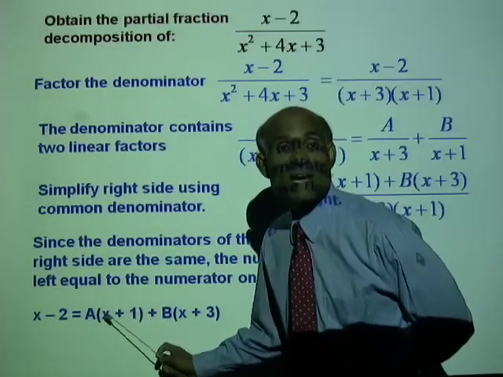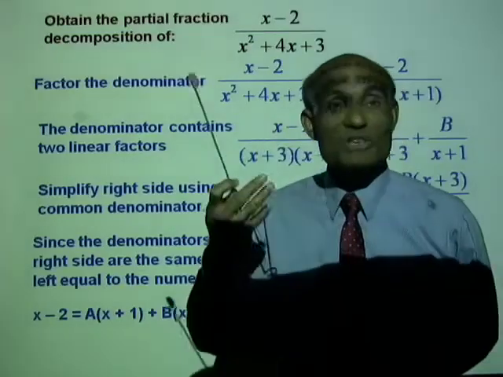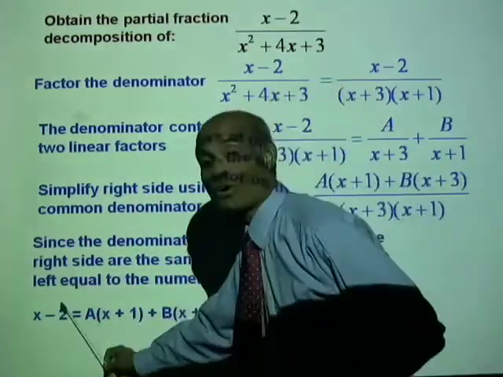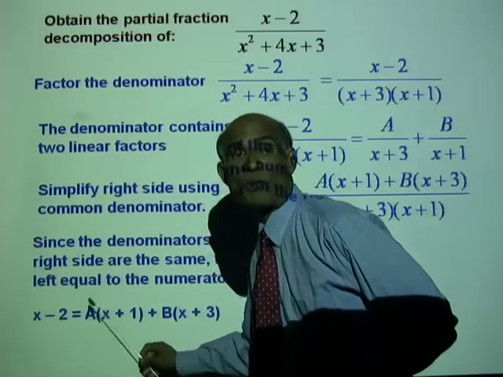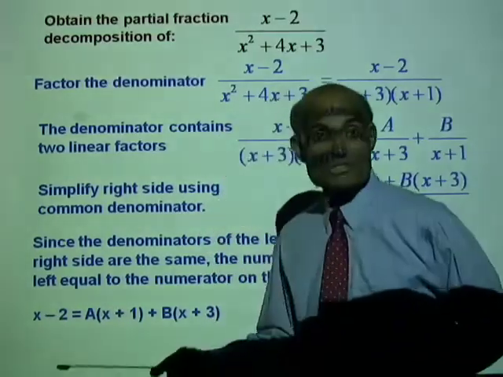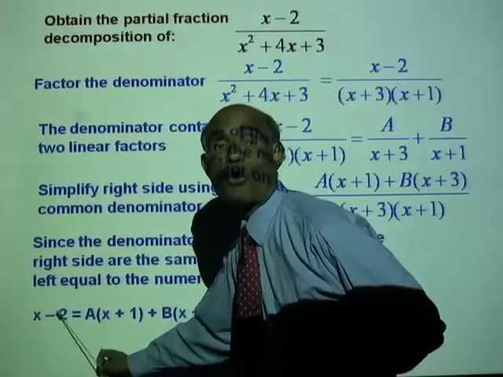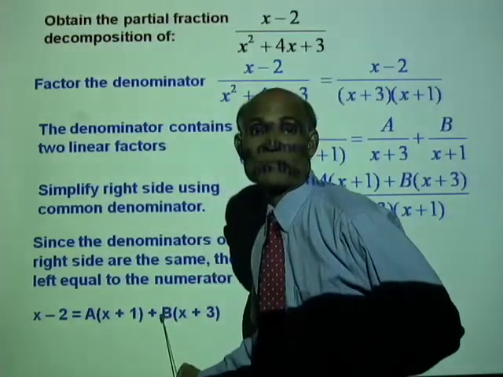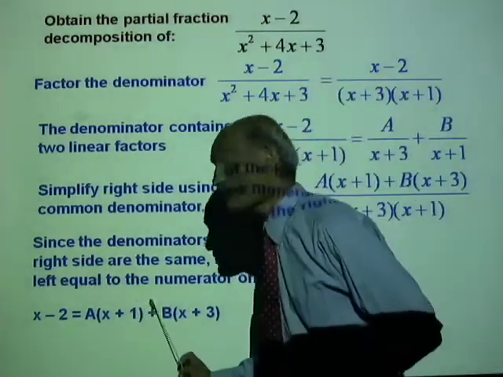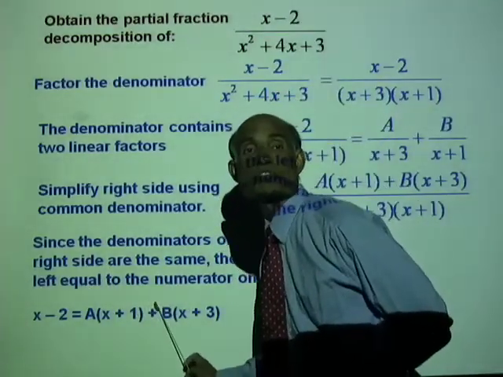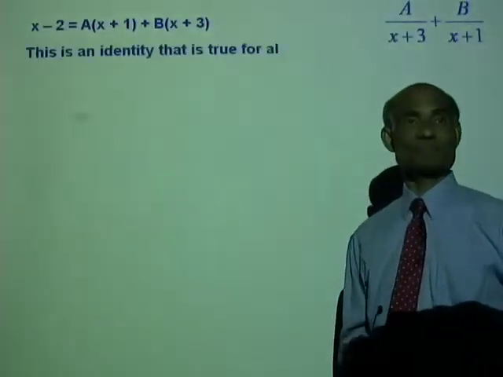Now, we choose an appropriate value of x. Remember, we can choose any value of x because this is an identity. That means it is true for all values of x. So we choose an appropriate value of x so that one of the constants will be reduced to 0 and we can find the other constant.